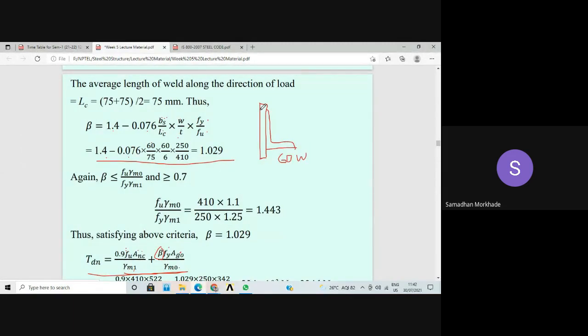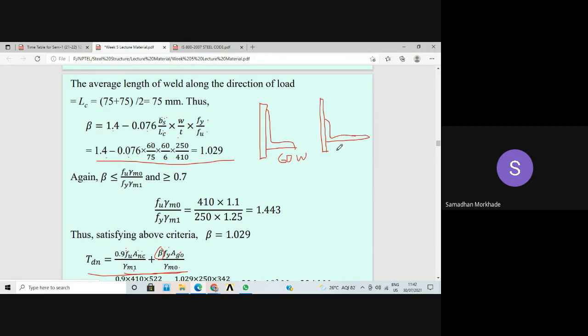And the second case will be different. When the longer leg is connected to the gusset plate, in that case you can see the difference. Now in the second case, the shorter leg is connected, 60 is connected and 90 is outstanding.